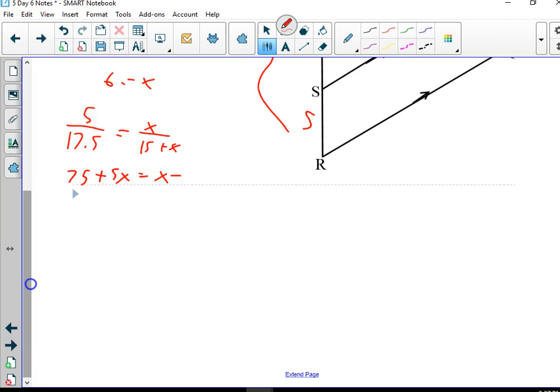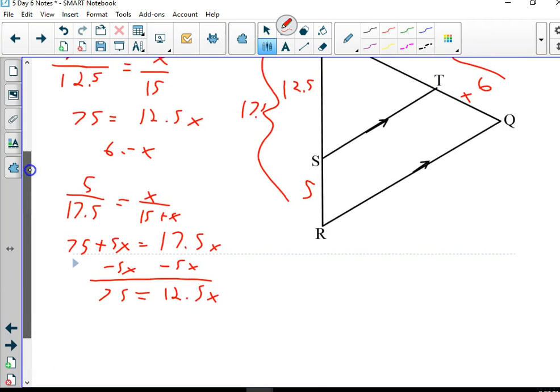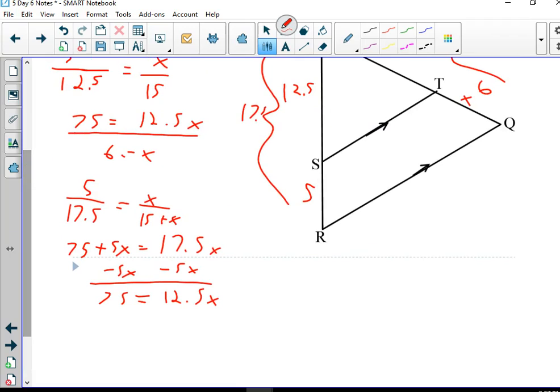Sorry, x times 17.5 equals 5 times 15 plus x. Subtract 5x. We get 75 equals, look at that, 12.5x. Look familiar? It ends up being the same problem. So just different ways to prove the same thing.